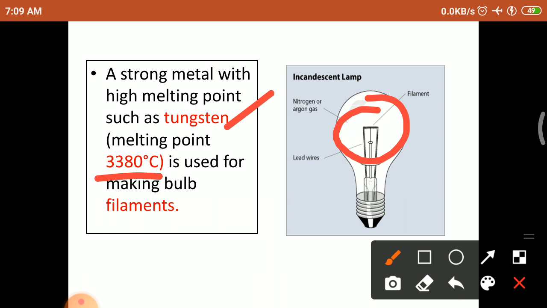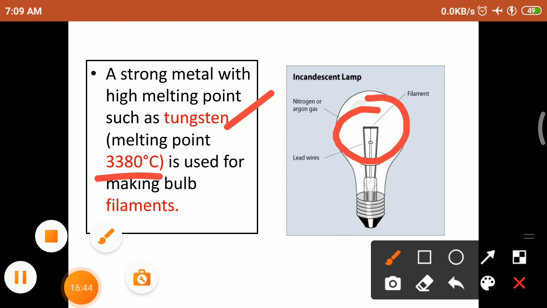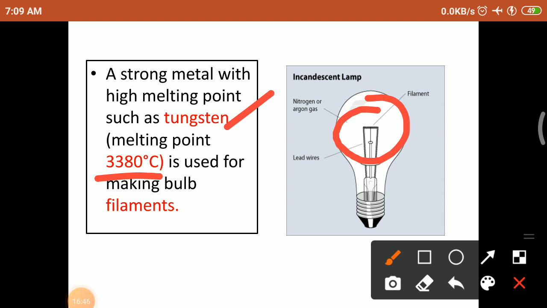The filament will melt when its temperature reaches 3380 degrees Celsius. Due to the very high melting point, the tungsten filament can be kept white hot without melting away.